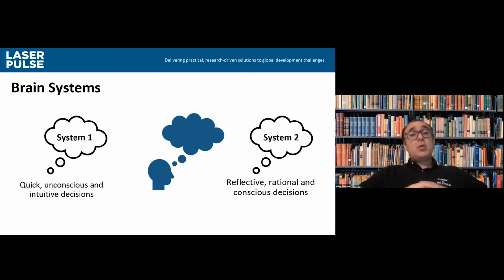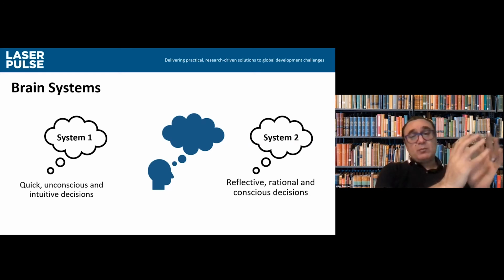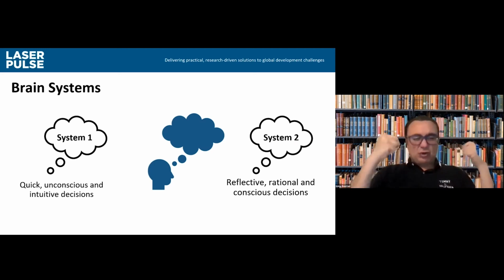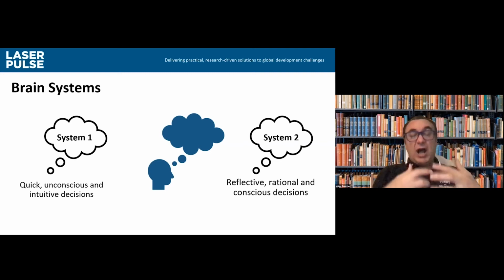Next. So these two operating systems, or decision-making processes in the brain, are called system 1 and system 2. System 1 is the quick one, the unconscious, the strongest, and the dominant one.